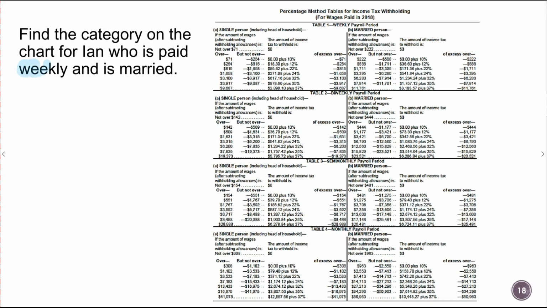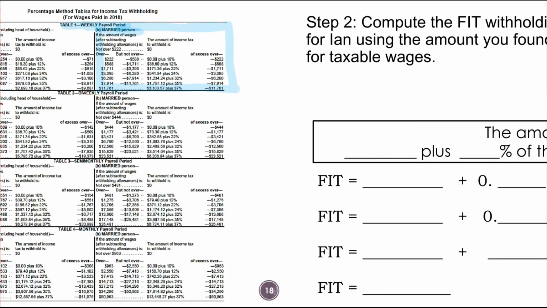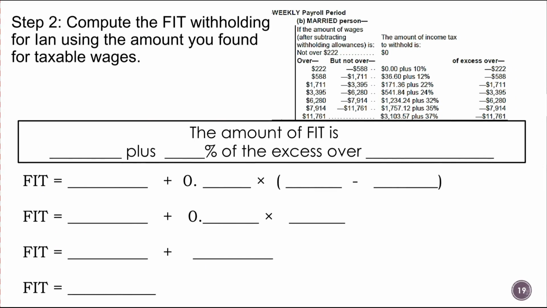Okay, so weekly and married means that we are going to be in the right-hand column, and married. So we will be on this box. That is the part where we're going to find his federal withholding. So on to the next slide.